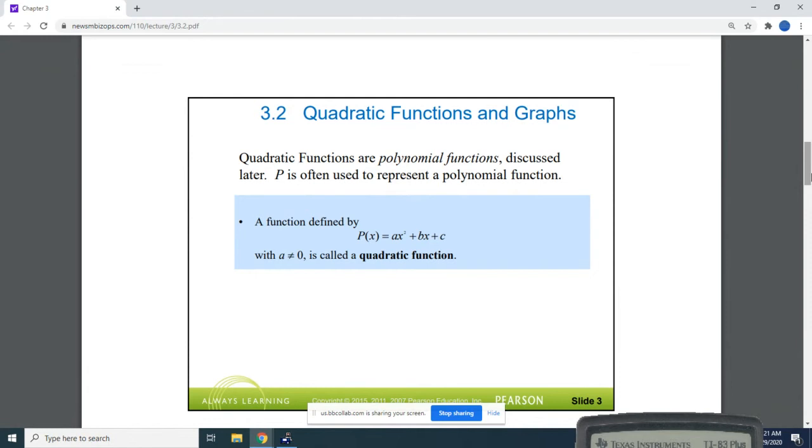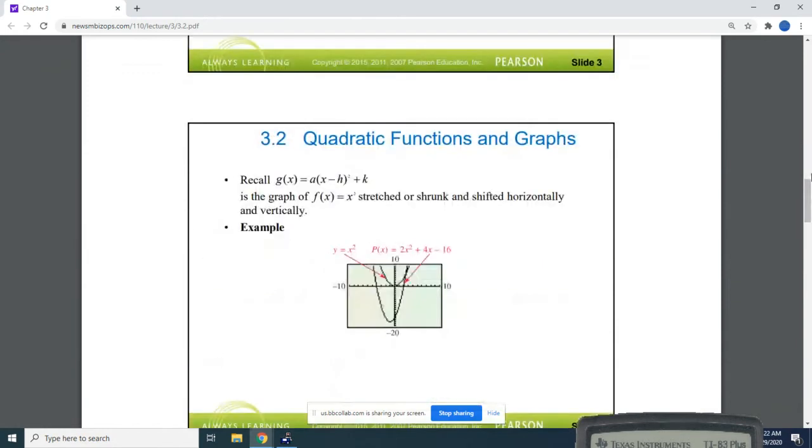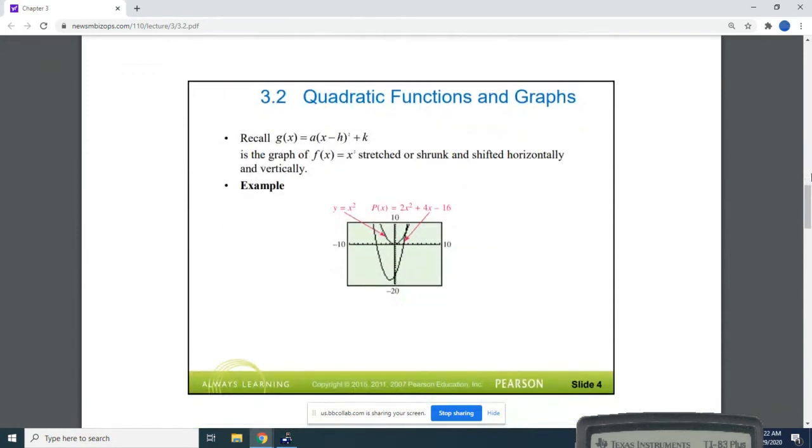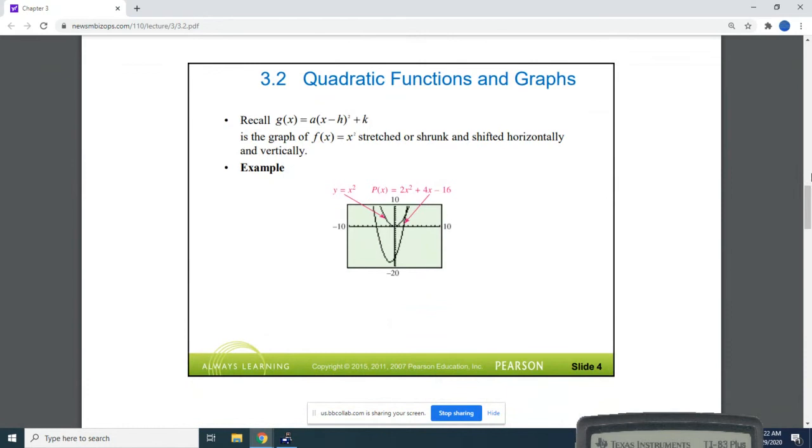That would be the standard form of a quadratic function. We also have something that's called vertex form. And this is the vertex form: a times the quantity x minus h squared, plus k.